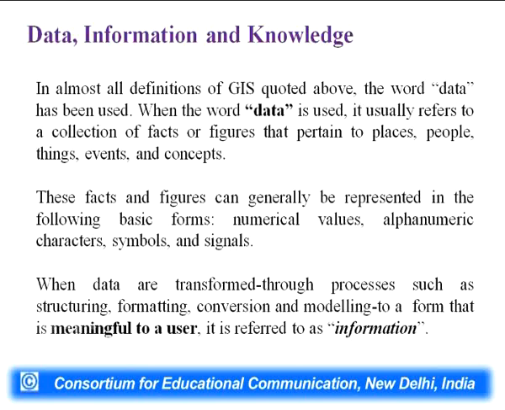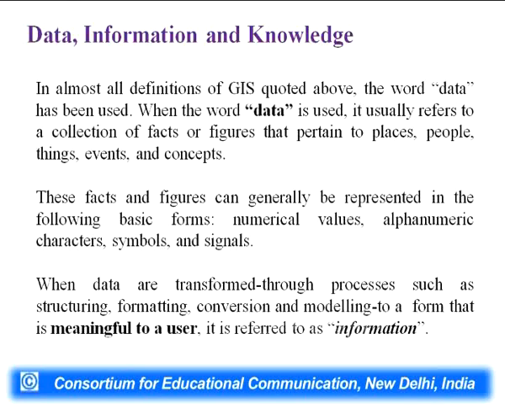These facts and figures are generally represented as numerical values, alphanumerical characters, symbols and signals. When this data is transformed through processes such as structuring, formatting, conversion and modeling into a form that is meaningful to a user, it is referred to as information.